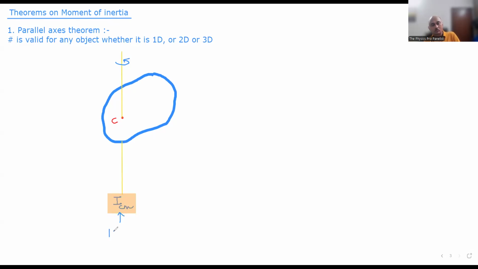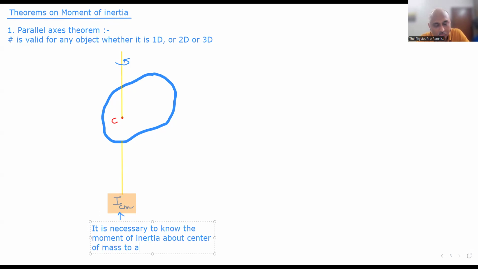It is necessary to know the moment of inertia about the center of mass to apply the parallel axis theorem.